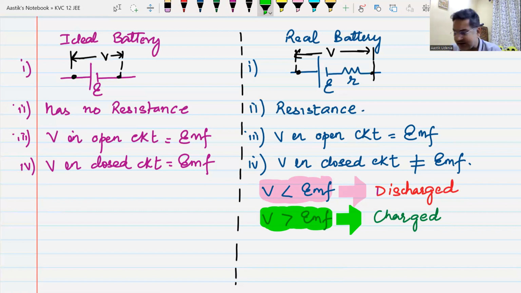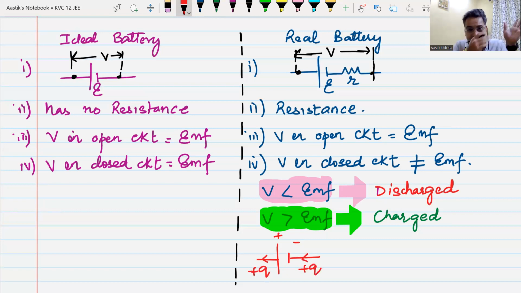What do you mean by battery getting discharged and what do you mean by battery getting charged? This is the positive terminal and this is the negative terminal. If the positive charges are flowing like this, that means inside the battery, they are flowing from the negative terminal to the positive terminal.